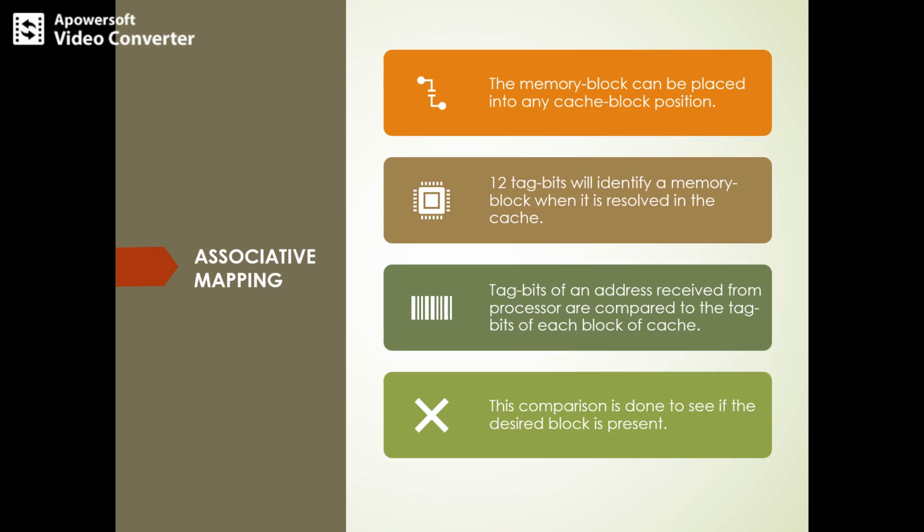So to make the mapping function more flexible, we can adopt one more method or strategy called associative mapping. In associative mapping, a main memory block can be placed into any cache block position. With respect to associative mapping, there is no need to justify a specific empty block in the cache when a new block arrives.